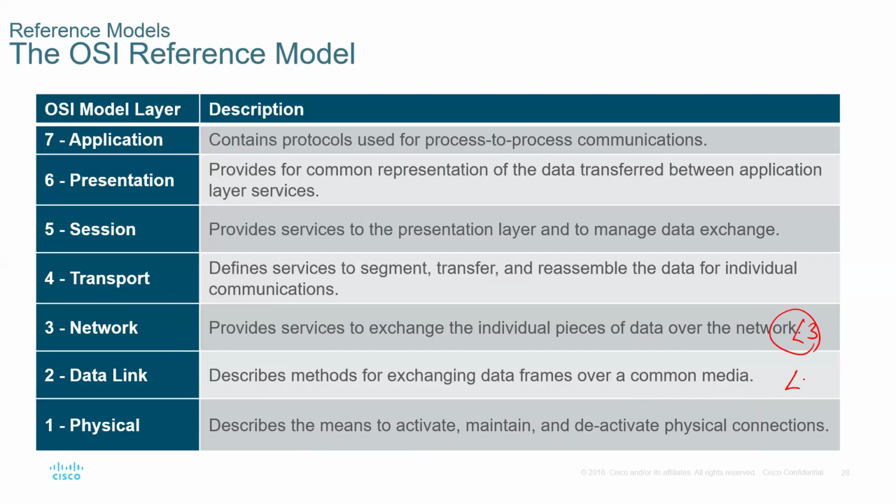A switch performs at layer 2 only. That's a layer 2 switch. So this is a router which performs at layer 3. Then we have another switch which does both. At layer 2, it switches. At layer 3, it routes. That is a layer 3 switch.